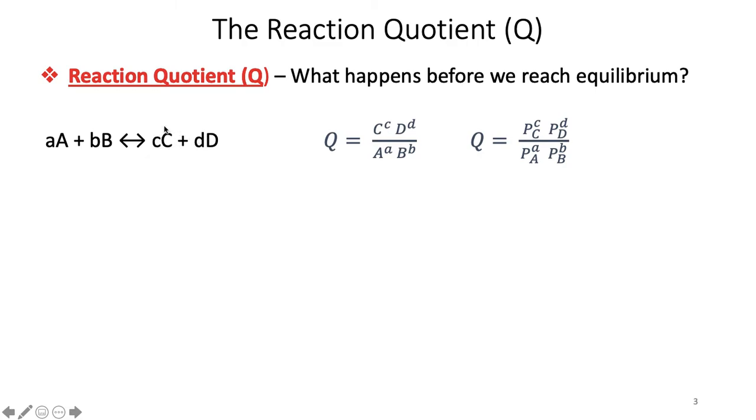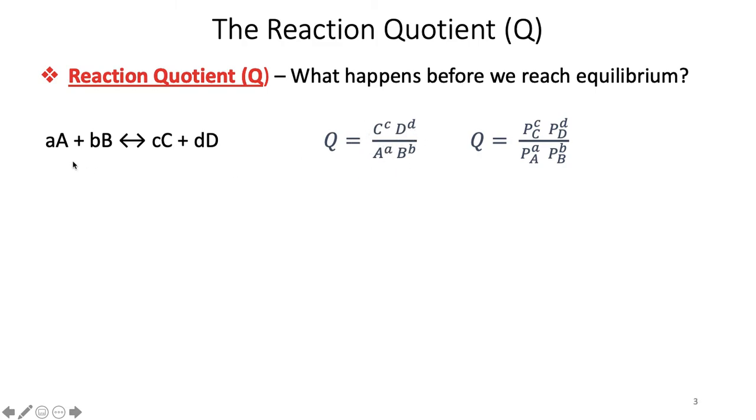So I multiply the concentration of C raised to its molar coefficient, multiplied by the concentration of my product D raised to the power of the coefficient in front of it. Now, if I had another product, let's say E, I would multiply by the concentration of E raised to whatever the molar coefficient would be in front of that.